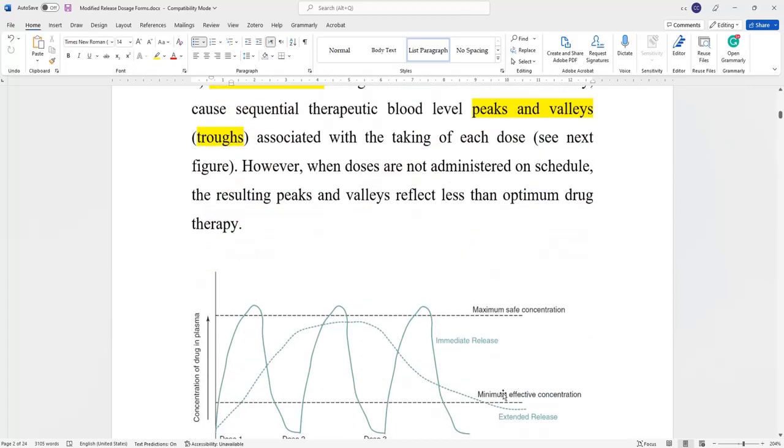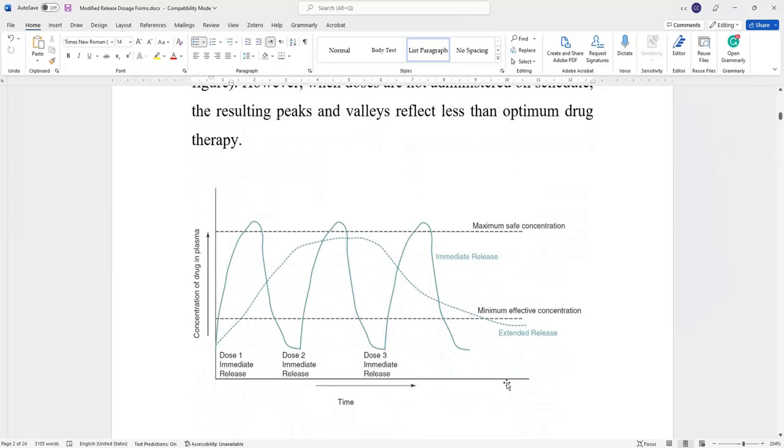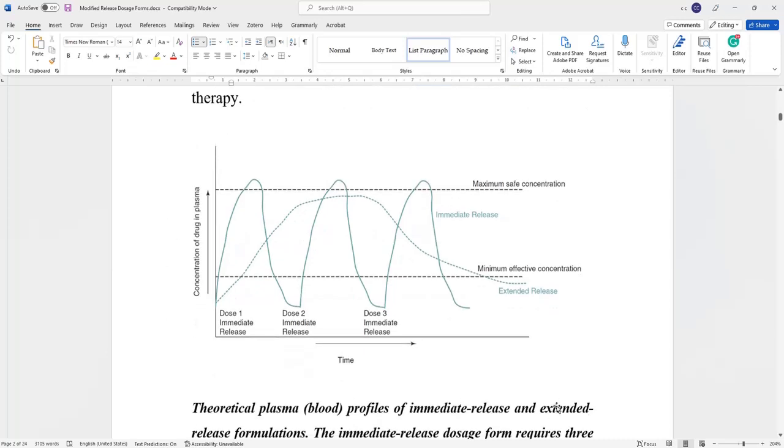Also, when we do a comparison between a drug that is taken more than 1 time a day compared to a drug that is taken maybe 1 time a day, like what you see in this graph, let's look carefully into this graph and try to explain it. You will see this is the time, the time of taking the drug.